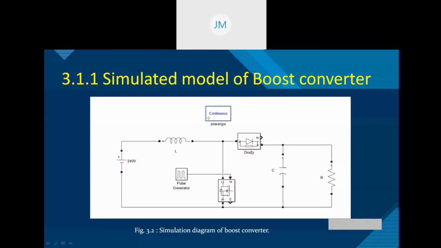And what is the inductor current in terms of output current? Show me the graph of inductor current. You are showing the graph of inductor current, right? Yes, sir. Go to the result.